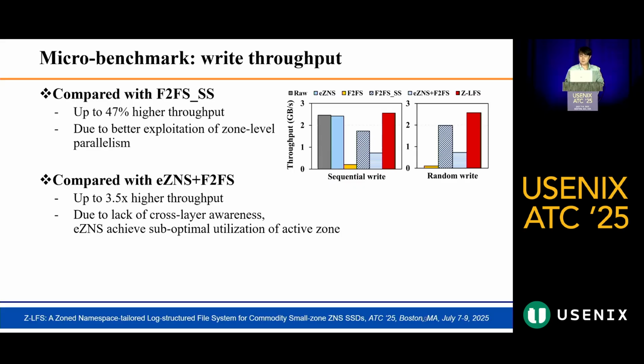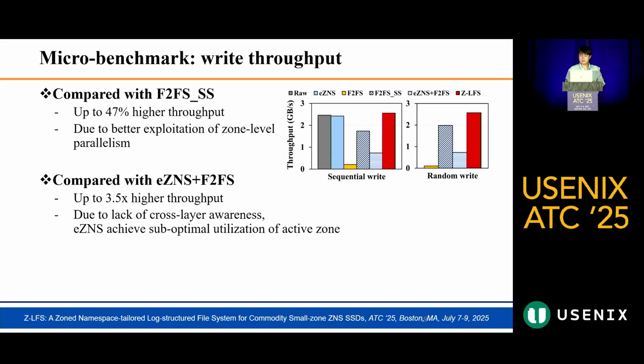Furthermore, Z-LFS outperforms eZNS with F2FS. While eZNS alone can achieve high write performance, each combination with F2FS results in suboptimal performance. This is because eZNS lacks cross-layer awareness and F2FS provides only limited active zone utilization.